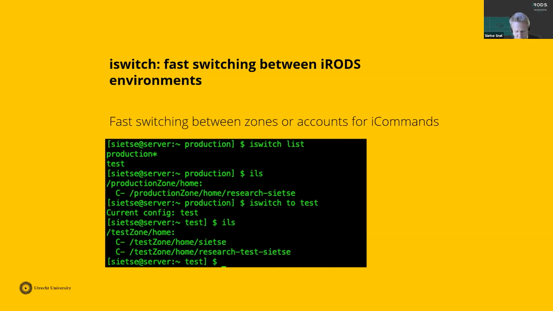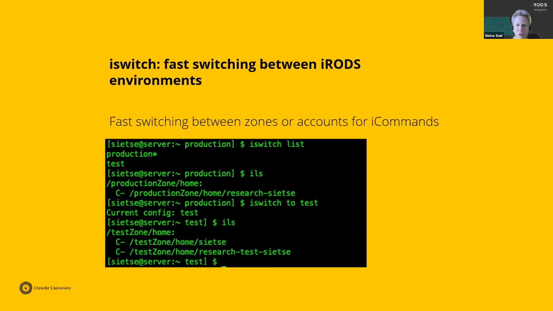The screenshot shows an example of how it works. The iSwitch list command prints a list of available environments. The little star next to production means that that's the active environment. So if you're running an ils, then it will show a directory listing of that environment.